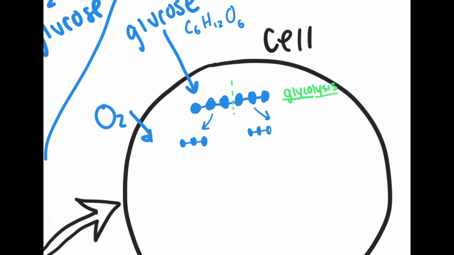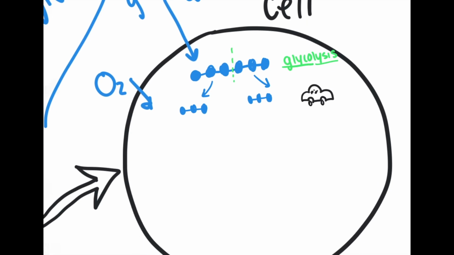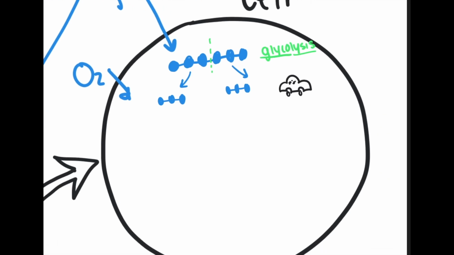And if you remember from the last slide, some electron taxis are also filled up. Okay, and then this is all happening in the cytosol, or the cytoplasm of the cell, so the liquidy environment of the cell.